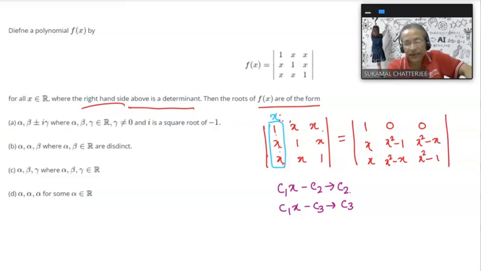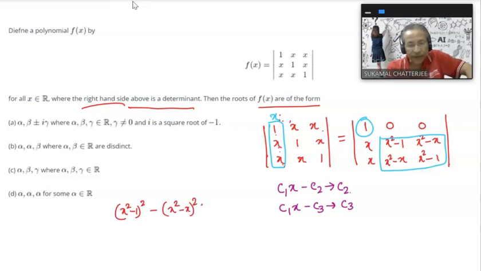So this is a very simple determinant which can be easily solved by taking the cofactor of the first element 1 and expanding using the first row. The other two elements of the first row are zeros, so we just need the first element. Therefore the value will be (x square minus 1) whole square minus (x square minus x) whole square.